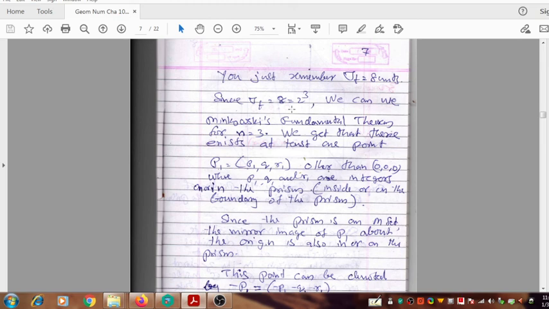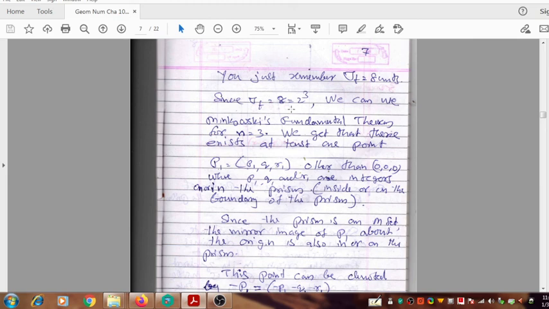Since it is 2 cube, by applying Minkowski's fundamental theorem, we compare it with 2 raised to n. The quantity 2 cube is compared to 2 raised to n, and we can see that n equal to 3.